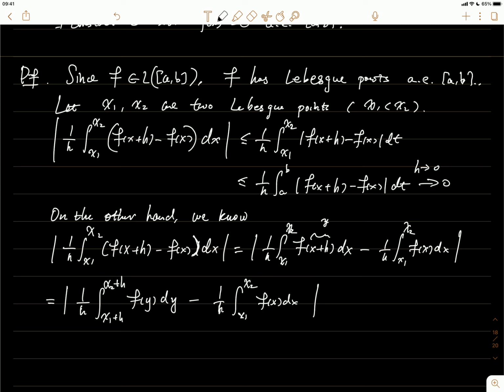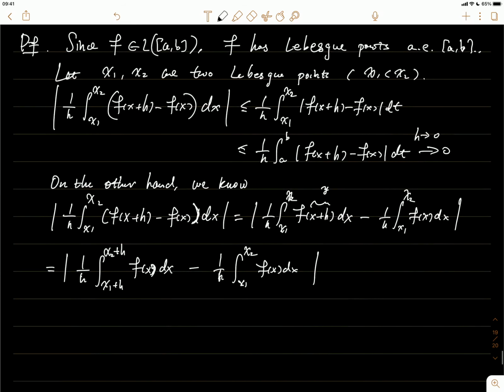Apparently I can replace y by x because it's just a symbol, so let's just use f(x) dx instead. And then you can see that the first integral is from x1 plus h to x2 plus h.